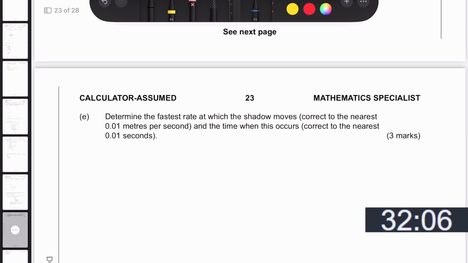Determine the fastest rate at which the shadow moves, correct to the nearest, and the time at which this occurs.